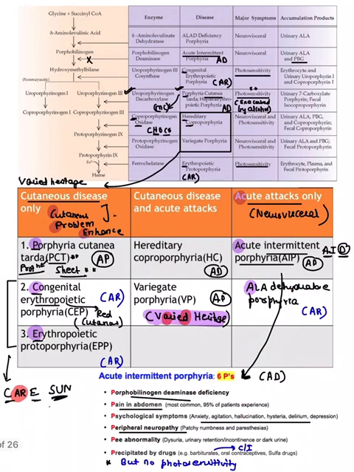See, this is the summary table of all the porphyrias. Glycine and succinyl coenzyme A form ALA, that is aminolevulinic acid. What is the enzyme for this ALA?